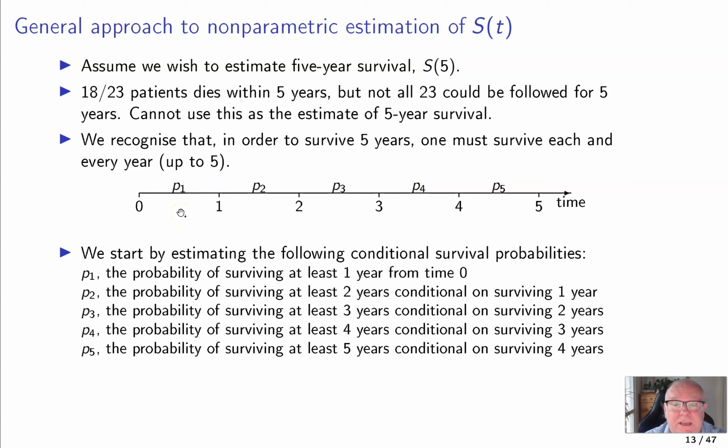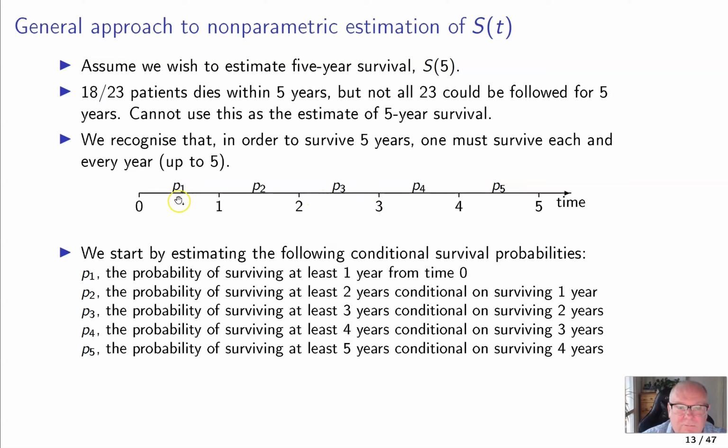And the reason we do this is that we can make assumptions about censoring which are appropriate within small intervals but are not appropriate during long intervals. So we'd estimate probability of surviving 1 year. Then, given that you've survived 1 year, what's the probability of surviving 1 more year? Then, given you've survived 2 years, what's the probability of surviving 1 more year, which is P3.